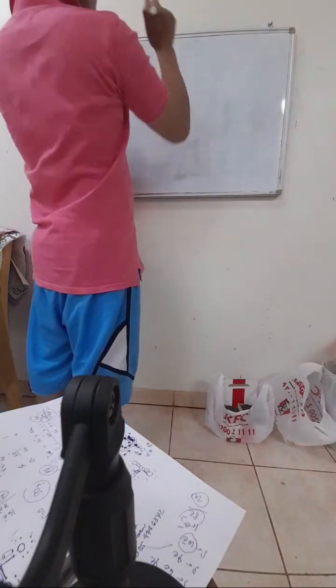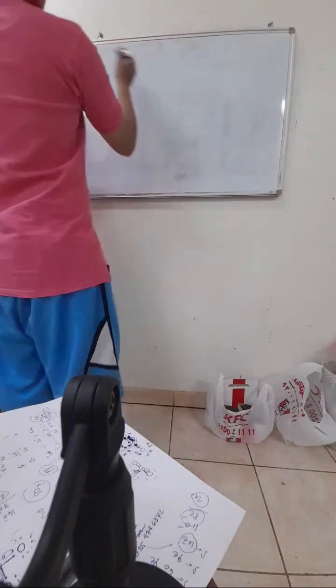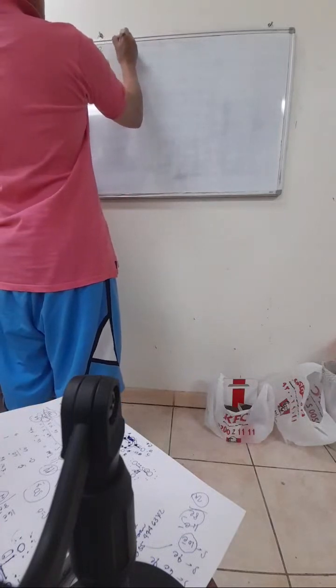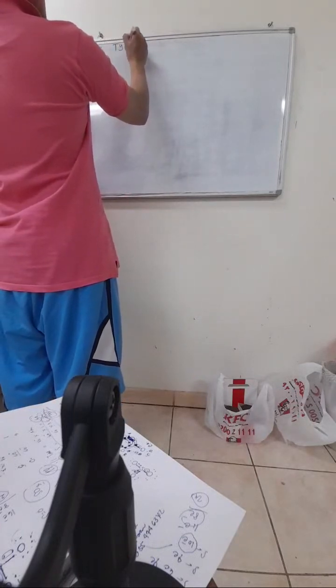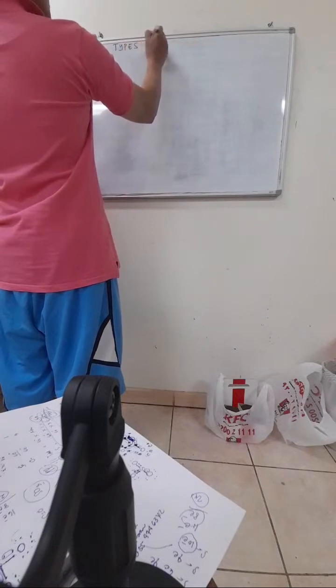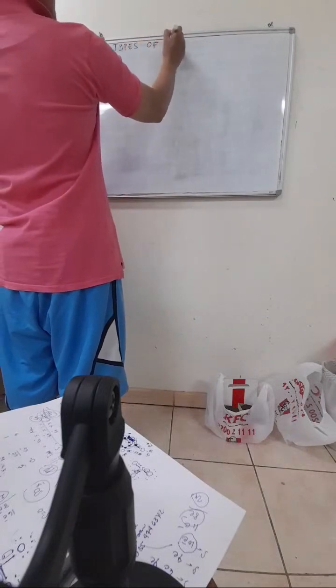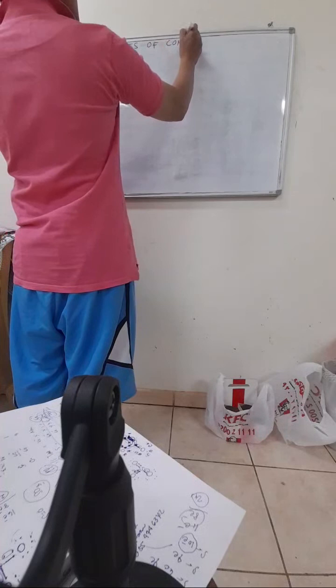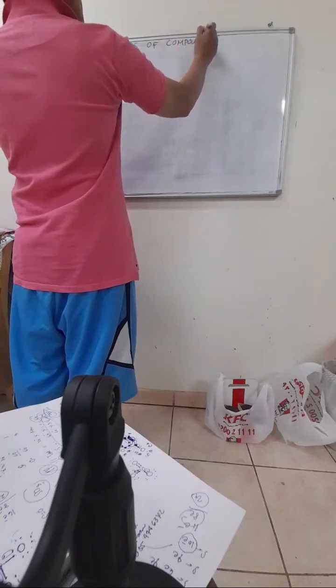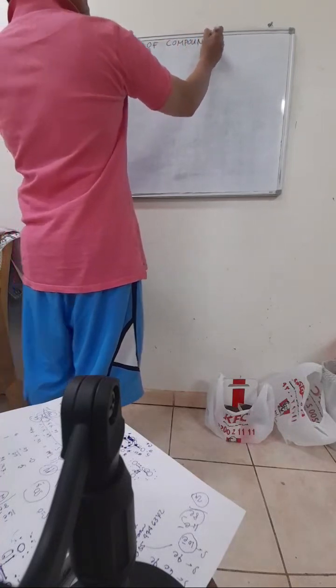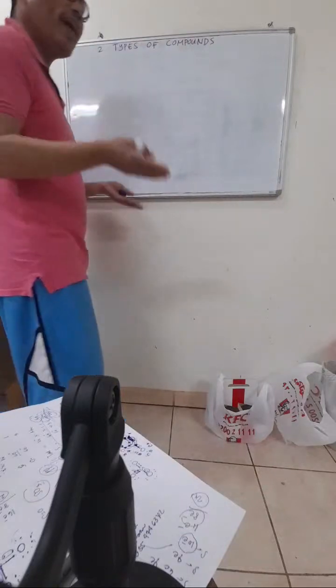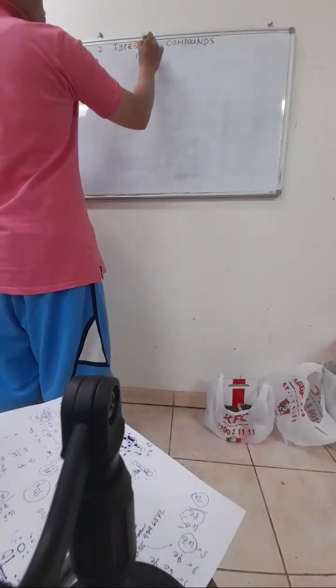We have two types of compounds. You can also write on a blank sheet of paper: two types of compounds, generally. We have inorganic compound.